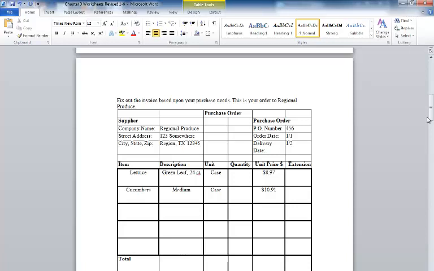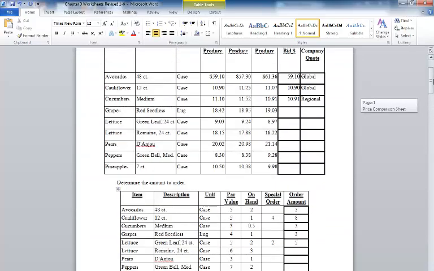This also may happen if you have a purchasing department. Within a purchasing department in a hotel, for instance, when I requisition things out of purchasing, I may fill this out. So let's just do two of the items as an example. I've identified that I'm going to be ordering green leaf lettuce from Regional Produce. The reason I did that, if you go back and look, is that for green leaf lettuce, Regional Produce was $8.97.